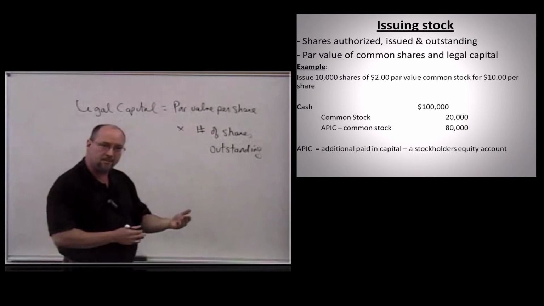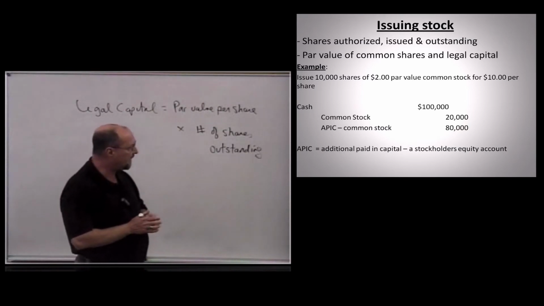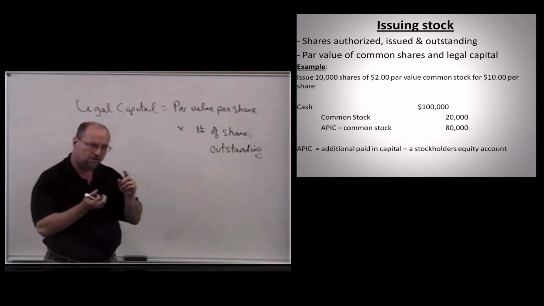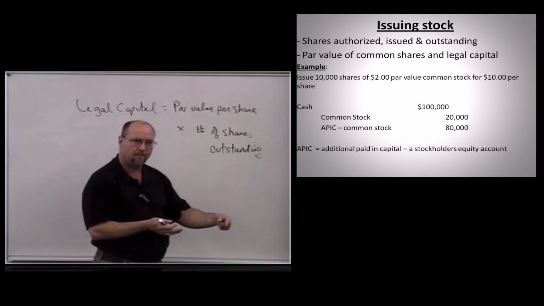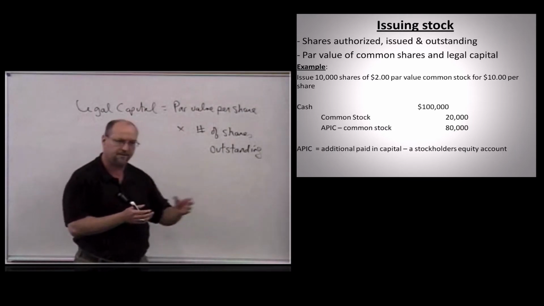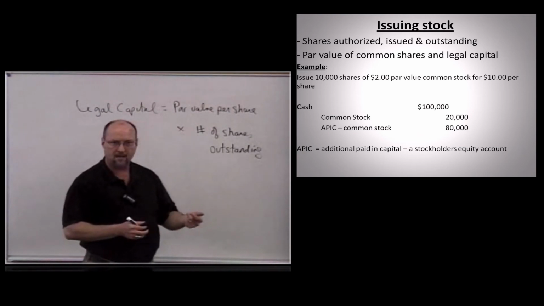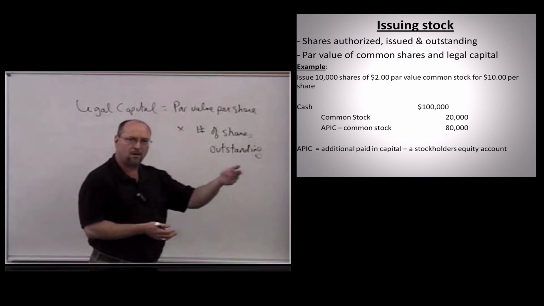And then the remainder, because remember, I raised $100,000. The remaining $80,000 goes into a brand new account that is called paid in capital in excess of par value. And I know that's a lot of words there, but if you dissect that long name, it is very descriptive. It's paid in or contributed money that exceeds par value.